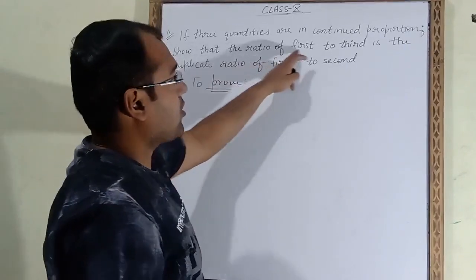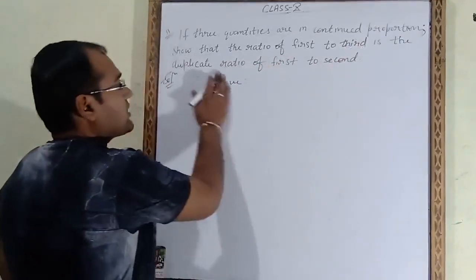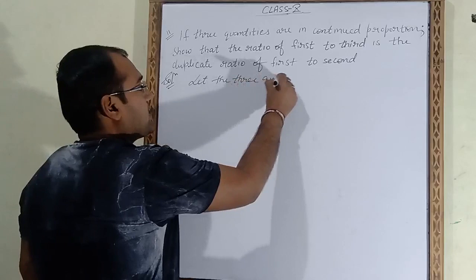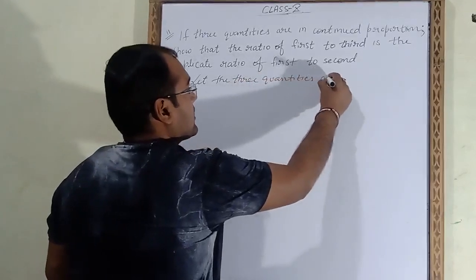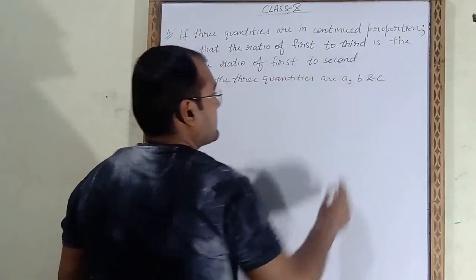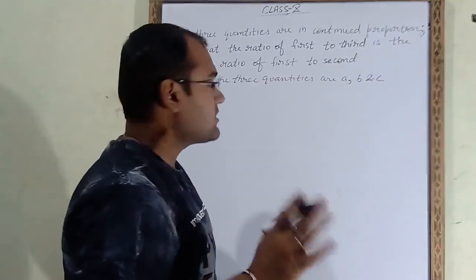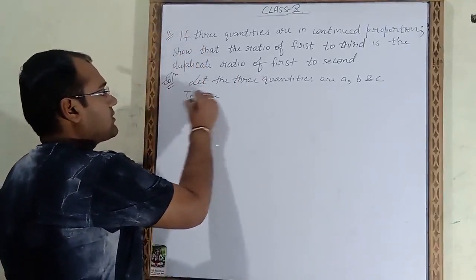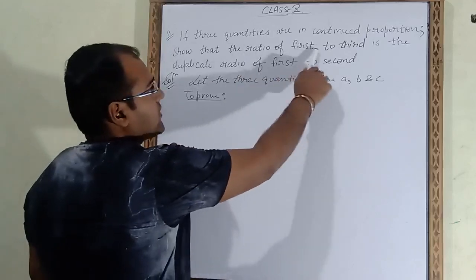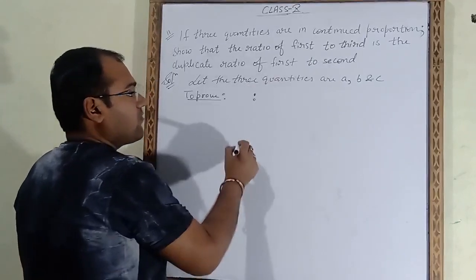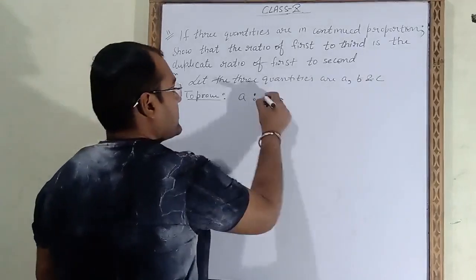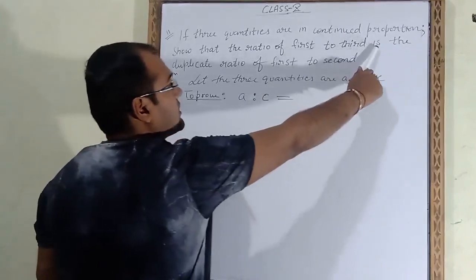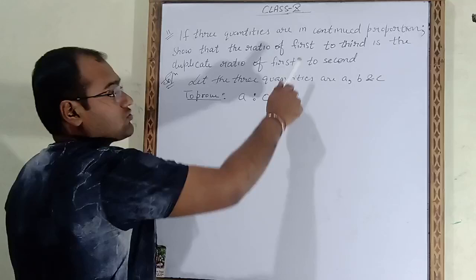We have to prove that the ratio of first to third. Before that we will assume three quantities. Let the three quantities be A, B and C, or X, Y and Z. Now we have to prove that the ratio of first to third, where first is A and third is C, is equal to the duplicate ratio of first to second.